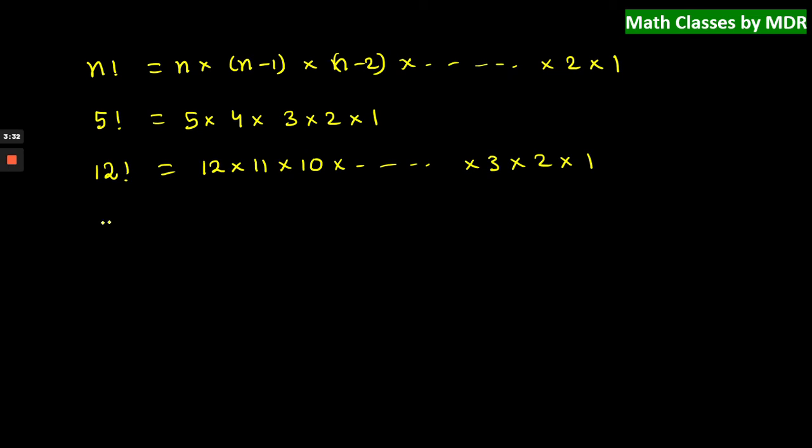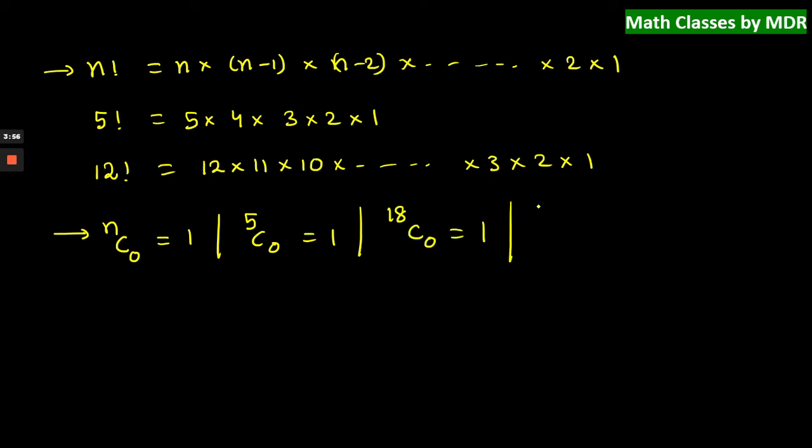Now let us see some common constant values. nC0 is always equal to 1, which implies that 5C0 is equal to 1, or 18C0 is also equal to 1. Why?